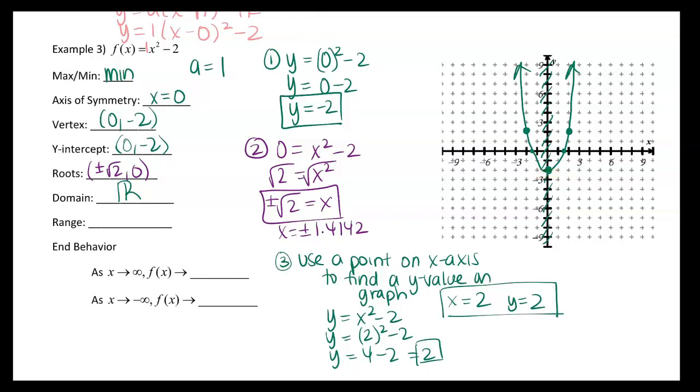Look at your vertex. What's that y value? -2. All the way to where? Yep. And for your end behavior, as x approaches positive infinity, this curve is going to keep going up towards positive infinity. Same thing for as x approaches negative infinity, f of x will also approach infinity.